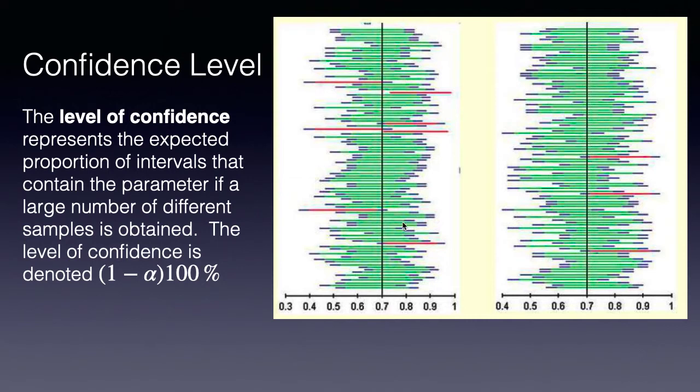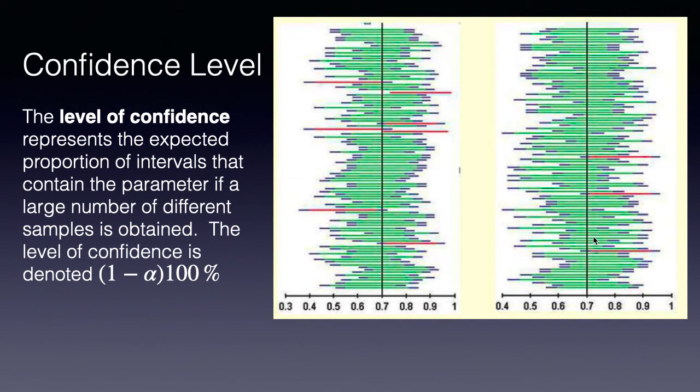This left side here is 100 confidence intervals, and this other side here is another 100 confidence intervals. This was done at 95% confidence. So if I construct 200 of these intervals, note that 95% of 200 is 190.